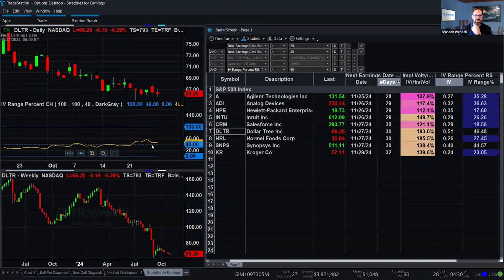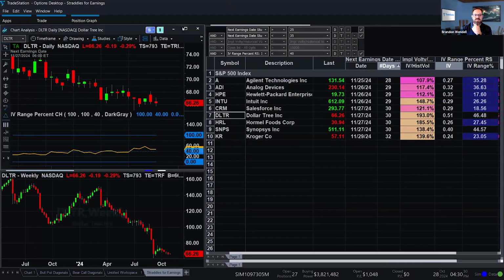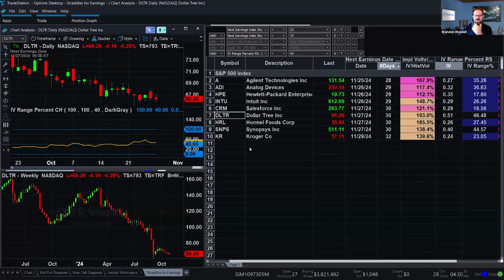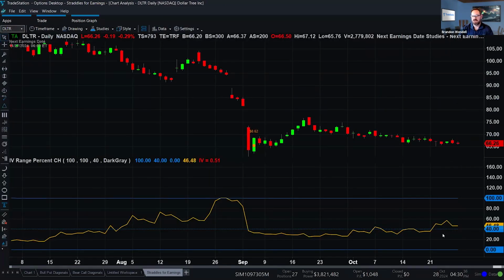So right now, implied volatility, if we take a look, you can see this is a very depressed stock. It's been dropping down quite a bit. And when I look at our indicator, we're a little bit higher than I like to be. I'd rather be below 40 so that the options are relatively inexpensive. So maybe I don't choose this one. We can move on.